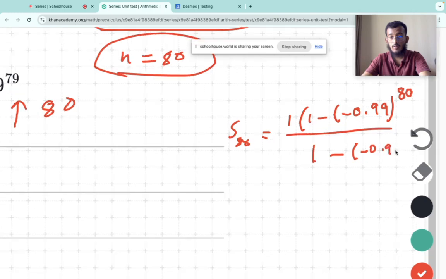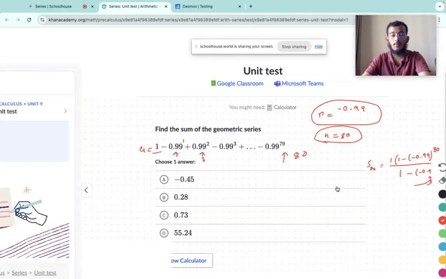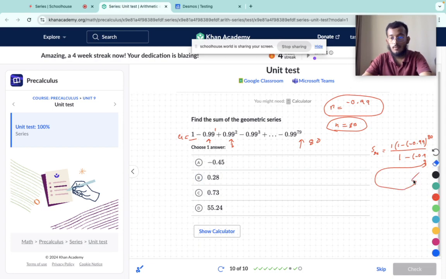That should be our answer. Oops, I don't know what's wrong with this, it's not allowing me to write the 9 here, so I just write 9 here. Anyway, there we go. This is 1 minus 0.99. So this will be our sum.